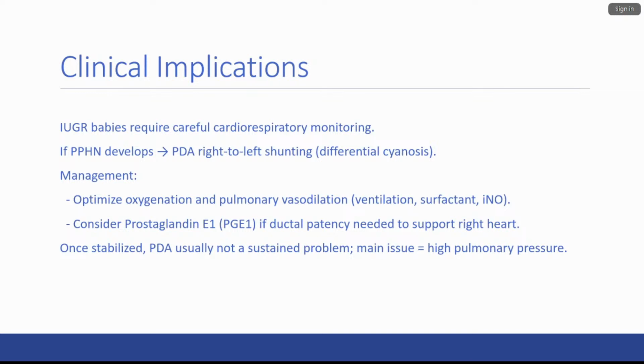For management, we optimize oxygenation and pulmonary vasodilation by ventilation, surfactant or iNO use. We can also consider prostaglandin E1 infusions if ductal patency is needed to support the right heart. Once stabilized, the PDA usually is not a sustained problem. The main issue in these cases is high pulmonary pressures.